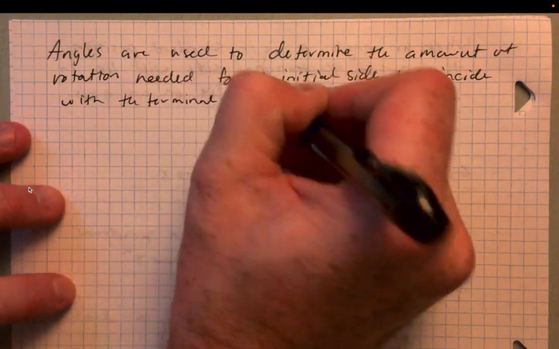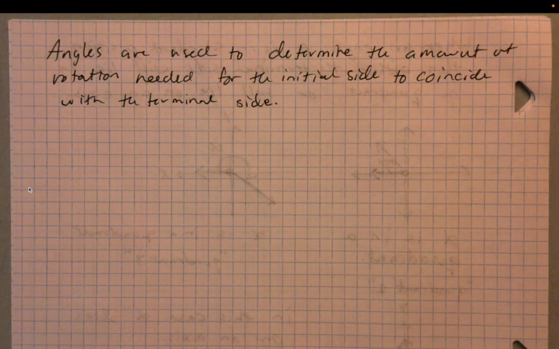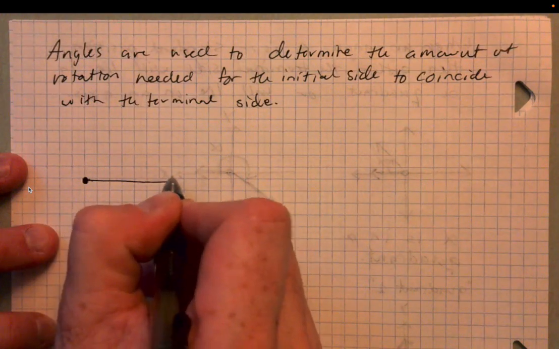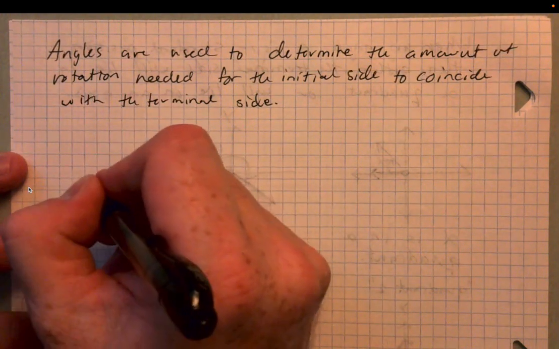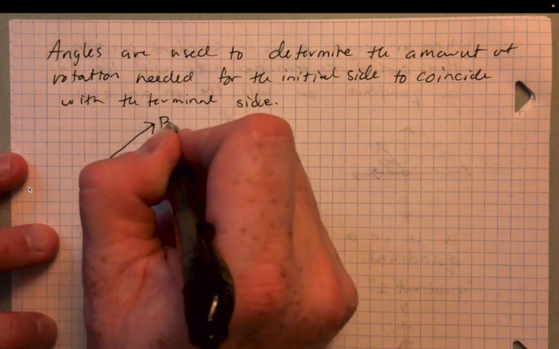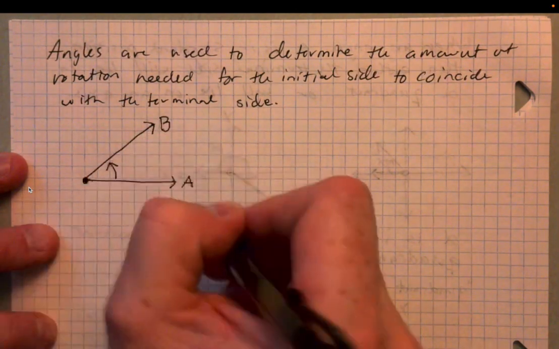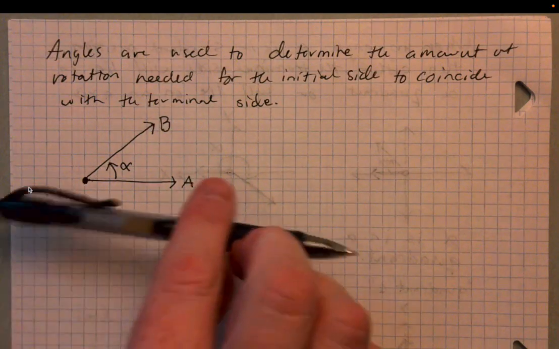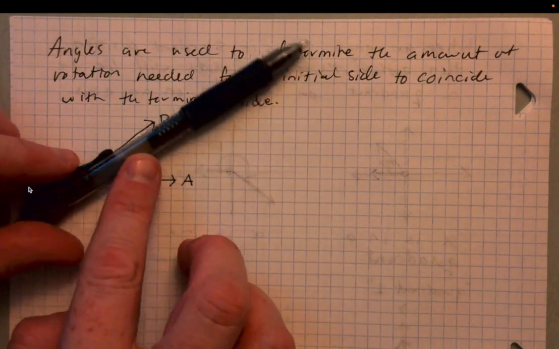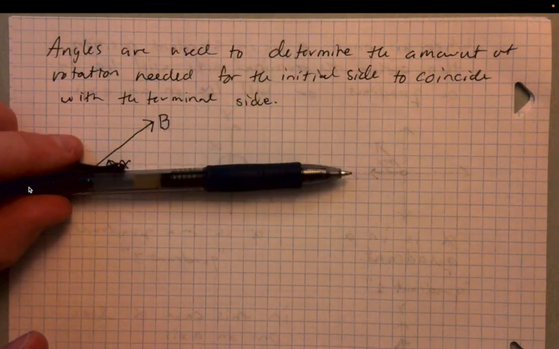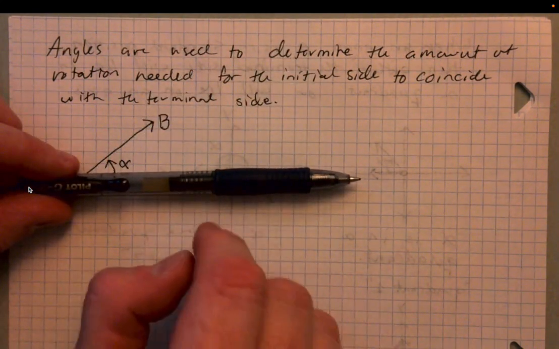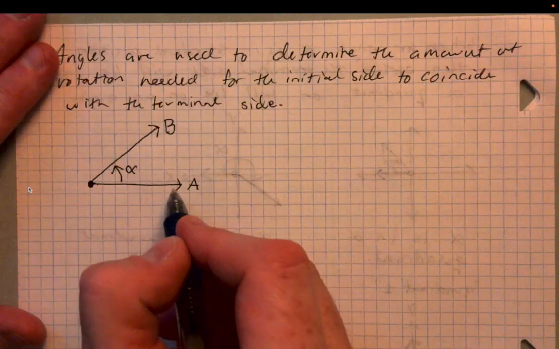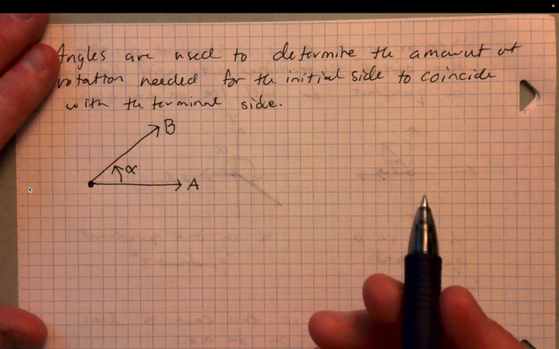So that's really the idea with angles. If I redraw another angle here, with my initial side A and a terminal side B, then the angle alpha between A and B is a measure of how much I have to rotate A until it lies on top of B. I can rotate A until it lies directly on top of B, and you can't tell the difference between the two.